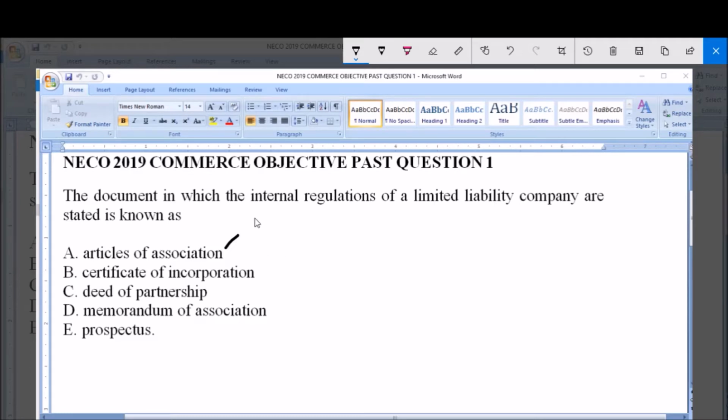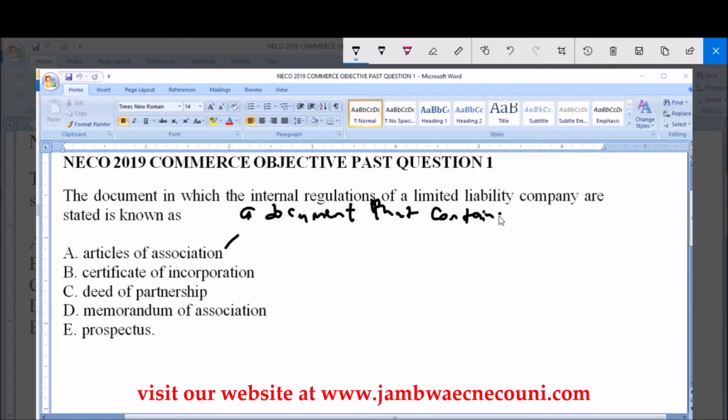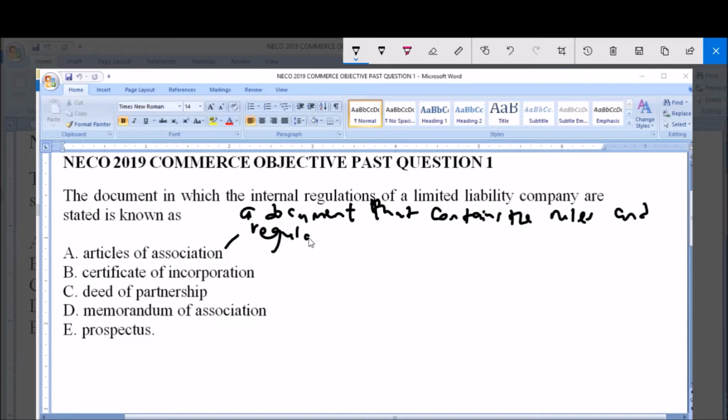So an article of association is a document that contains the rules and regulations as well as the bylaws of a company.